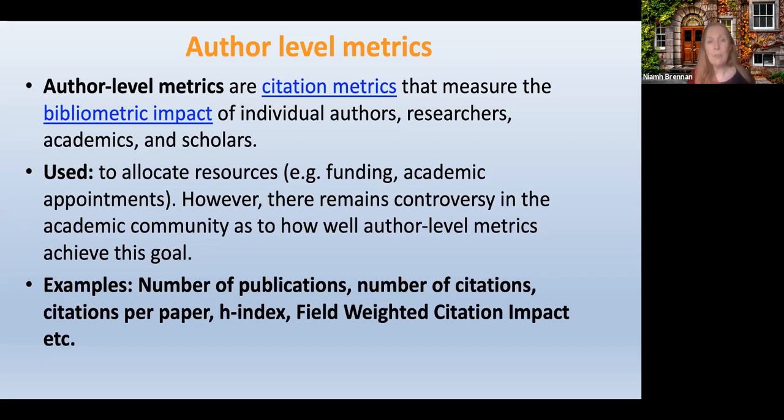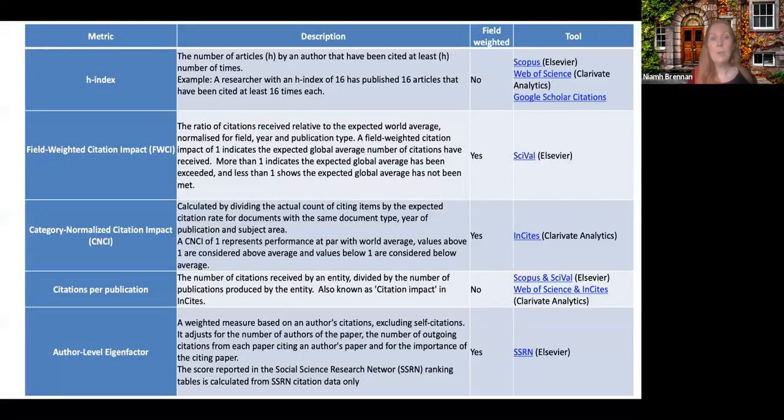So examples of the author level metrics are, as I've said, number of publications, citations per paper, H-index, field weighted citation impact, etc. So here are some examples of some of the most common ones. The H-index, many of you will know this already. It means the number of articles, which would be represented by H, by an author, that have been cited at least H number of times.